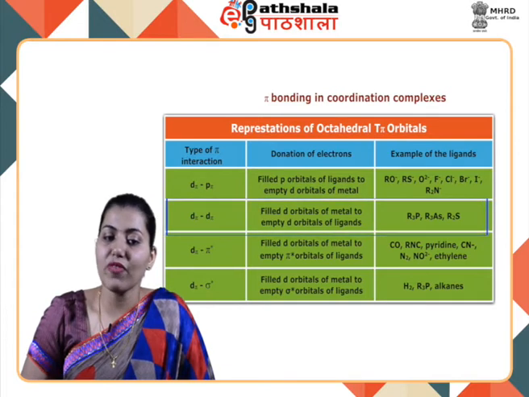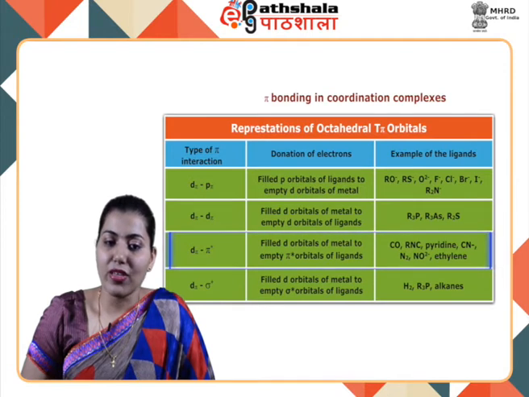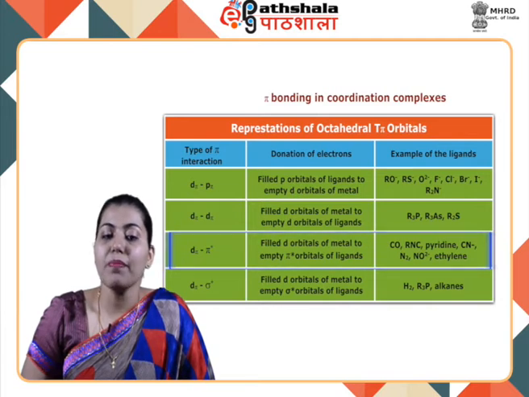In the third type of interaction, that is d-pi pi star interaction, the electrons from the filled d orbital of the metal are transferred to the empty pi star orbital of the ligand. It comprises a very important type of bonding in ligands such as CO and CN, which are themselves known as pi star acceptor ligands.